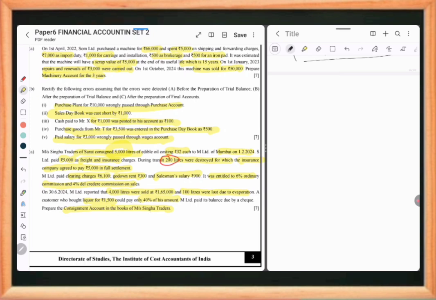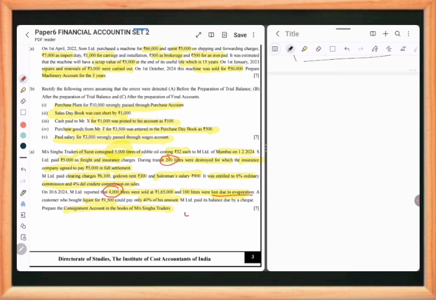We will prepare. So there is normal loss also. 4% del credere commission, the insurance company, 100 liters due to evaporation. It is normal loss. Please make note of it, normal loss. So it will not be valued. And then abnormal loss. And then he has sold how many liters? 4,000 liters.